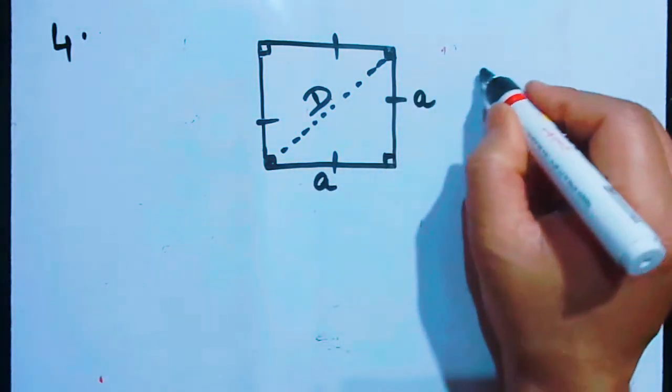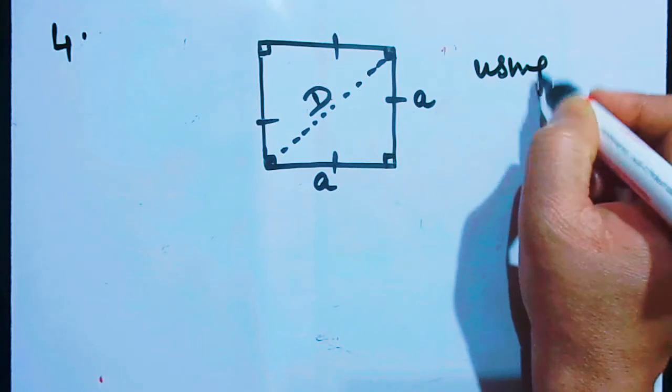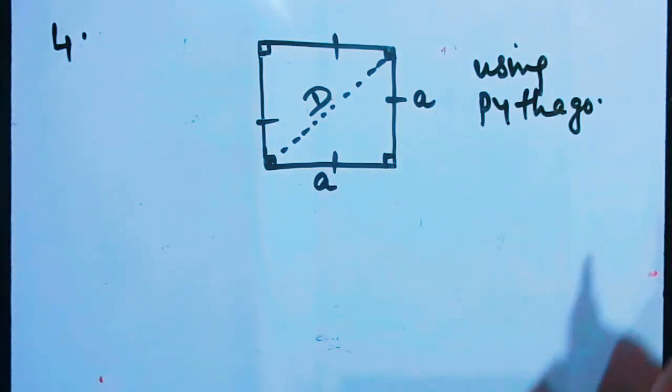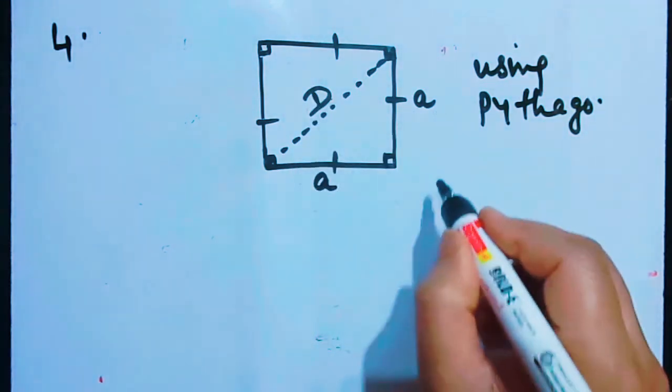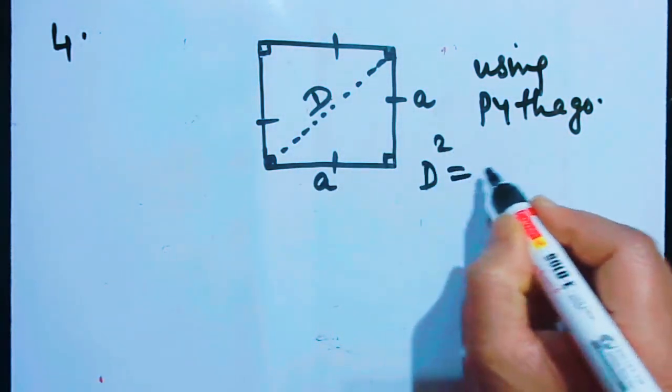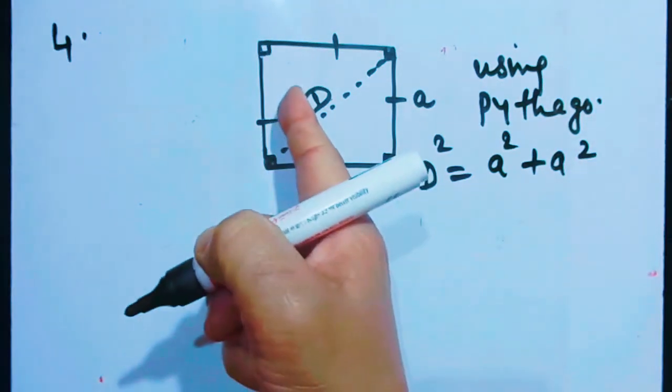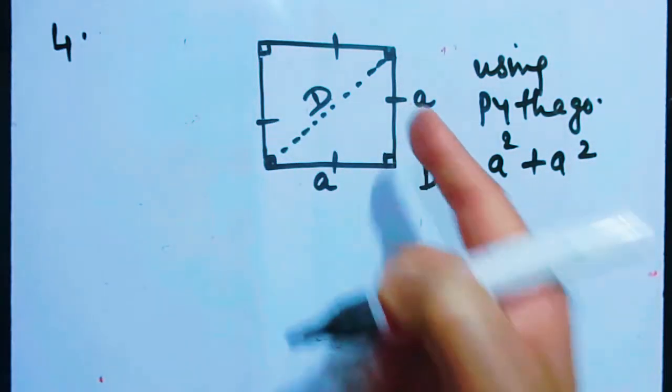So using Pythagoras theorem, we get D square will be equal to A square plus A square. Diagonal square is equal to base square plus perpendicular square.